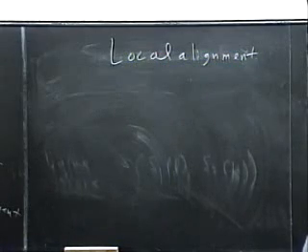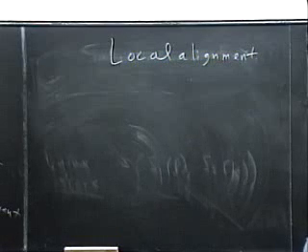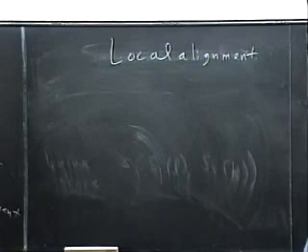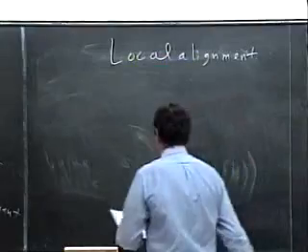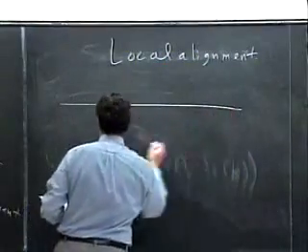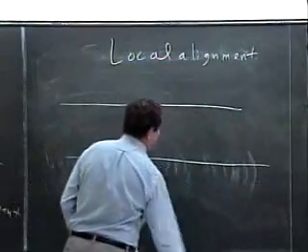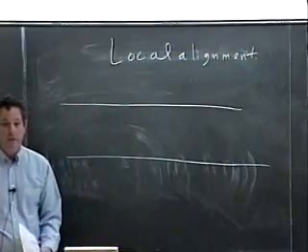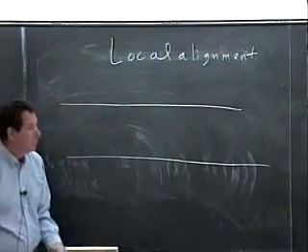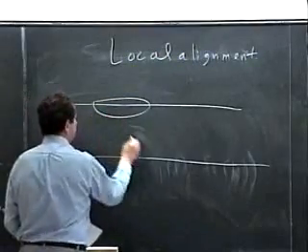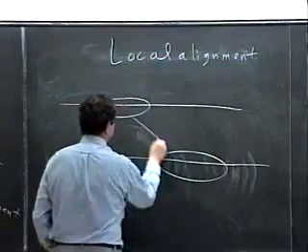Let me see if I can find this quickly. Yep. So local alignment is motivated by the following situation. You may have 2 very long sequences, DNA or protein, which have some regions of high similarity.